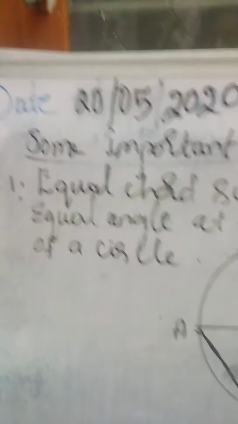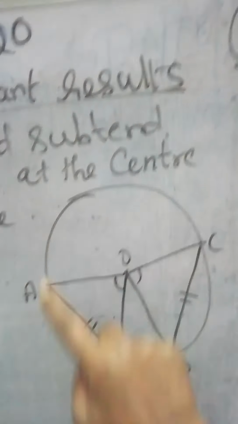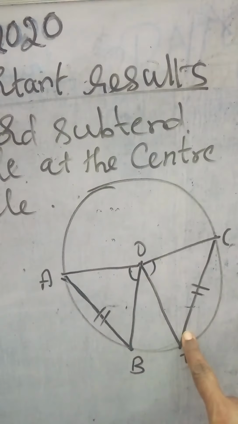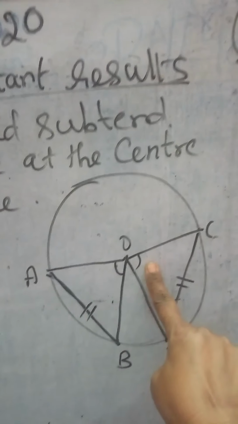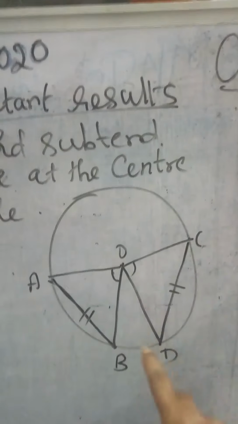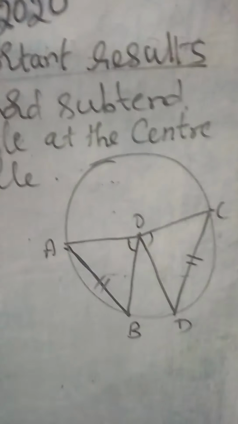In a circle, equal chords subtend equal angles at the center. This is the first concept.